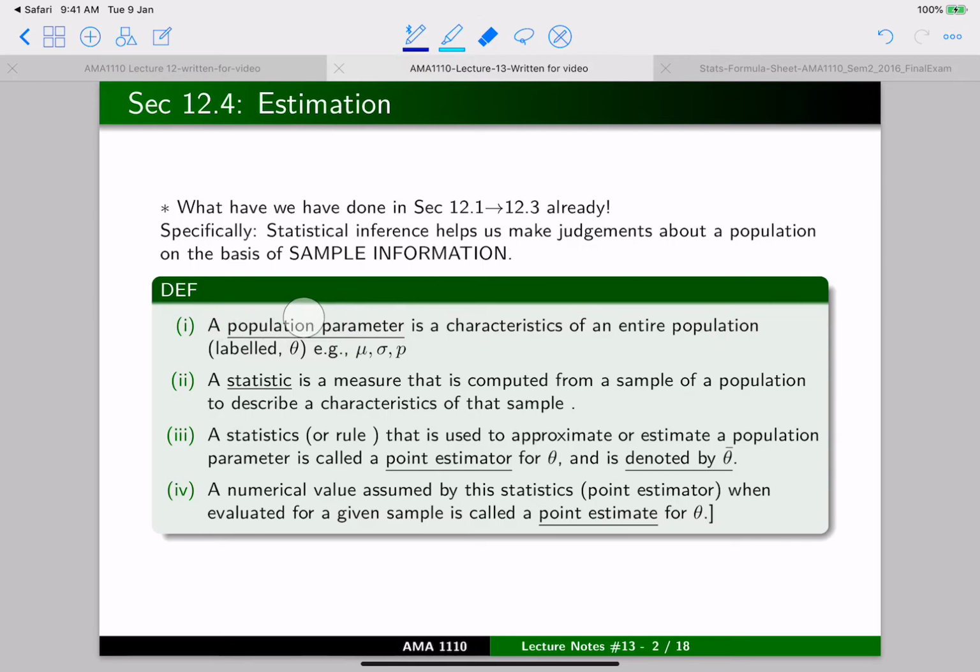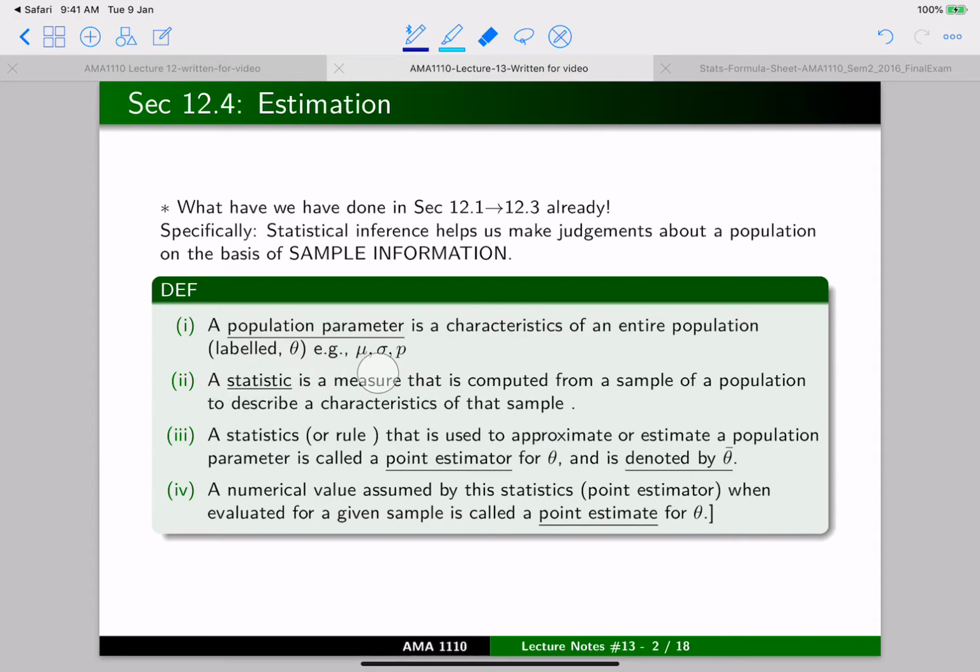And what we want to estimate is a population parameter. The population parameter is a characteristic of an entire population. We usually label it theta. Such population parameters are the population mean, standard deviation, and population proportion.